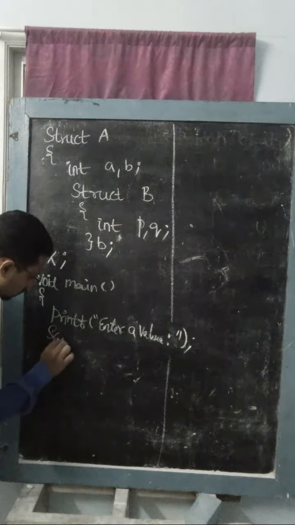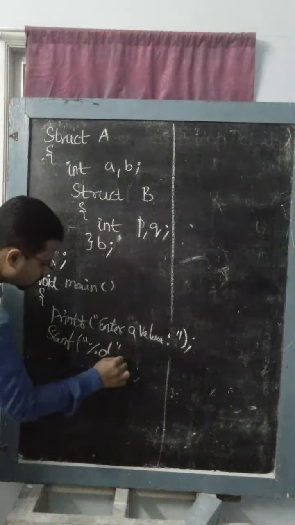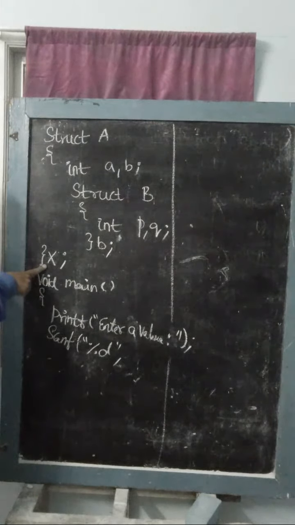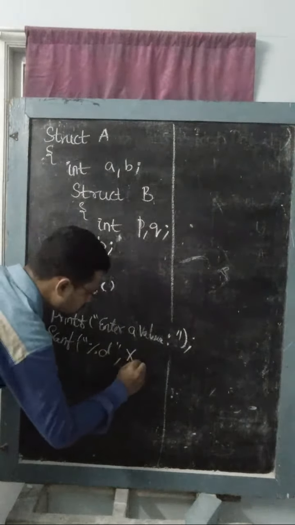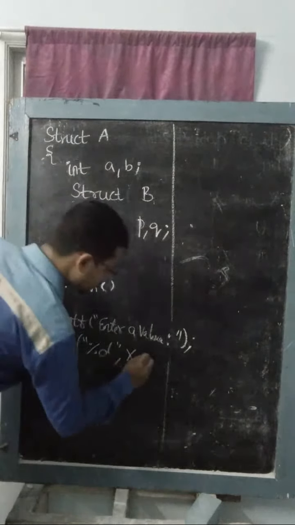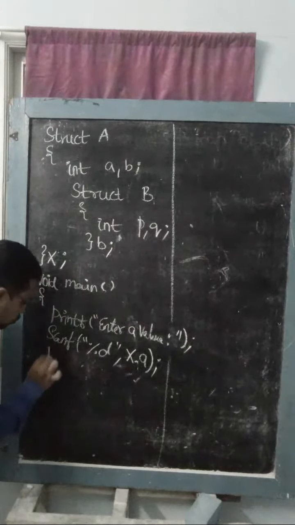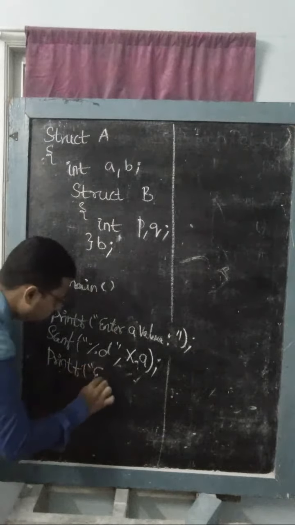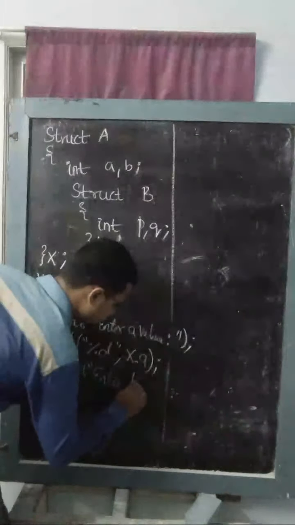So scanf percentage D, and X is the object of the structure A, so we need to put address of X dot A. You got it? Okay, the same thing I'm doing for printf enter B value.